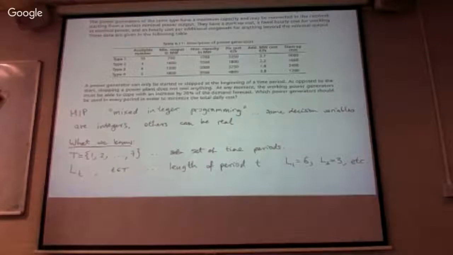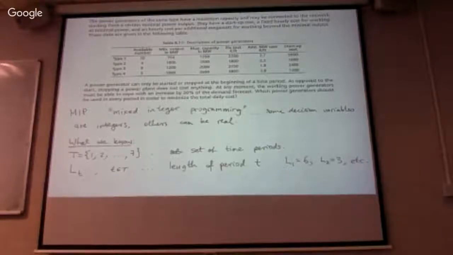One thing that this should make clear is that you have different types of generator on one side, and different time periods on the other, and everything is going to be like a two-dimensional matrix. For every time period and type of generator, you want to know how many are running in that particular time.